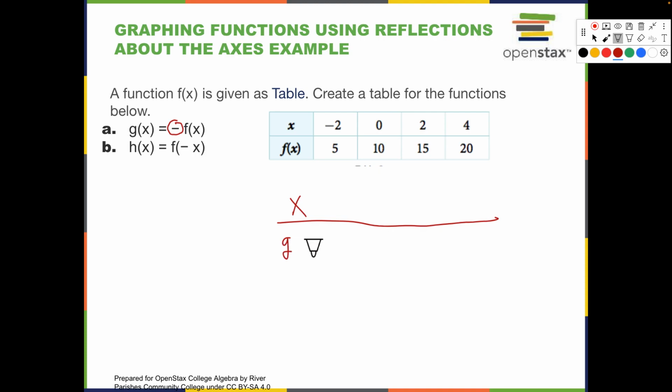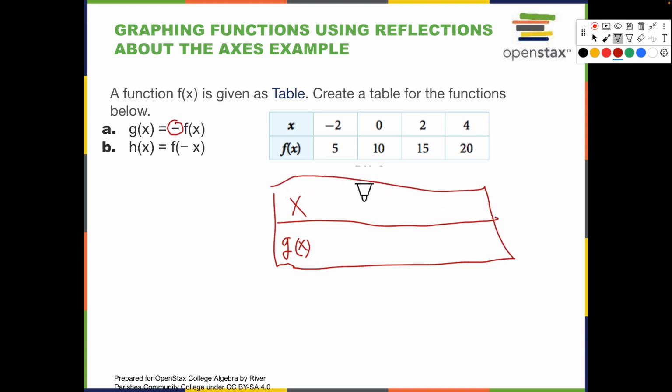This will be g of x. So we have -2, 0, 2, 4. And all the y's are going to change their sign. So this will be -5, -10, -15, and -20.